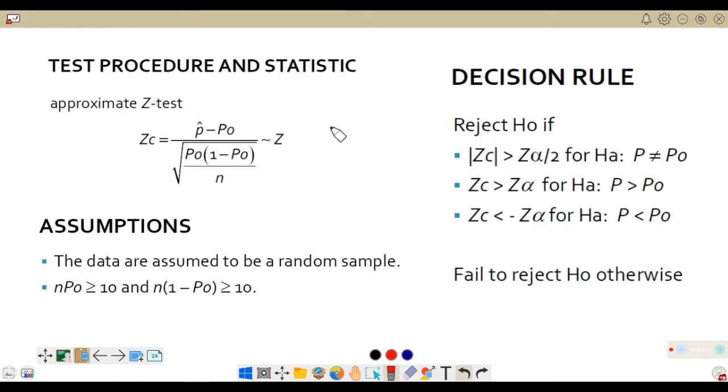Ayan. So, for the test procedure and test statistic, our Z value, or Z computed, ito yung i-compare natin sa value from the table. Z computed is equal to P hat minus the theoretical value or the claimed proportion, over the square root of the assumed value, P sub 0, times 1 minus P sub 0 over N. Okay?